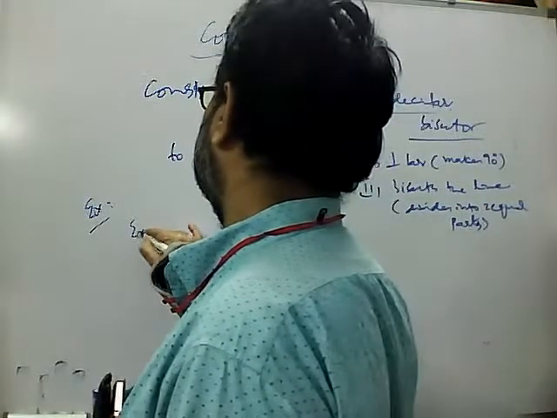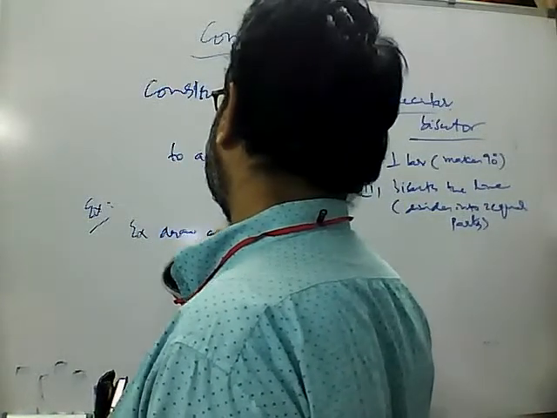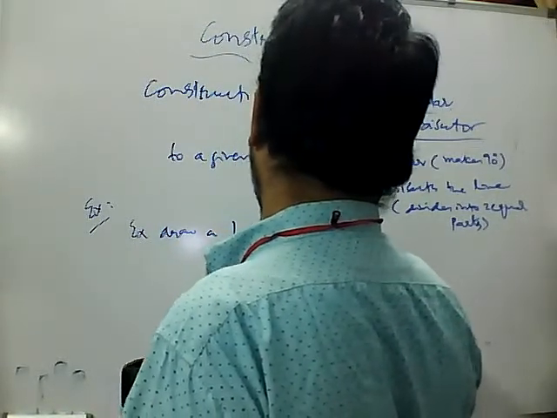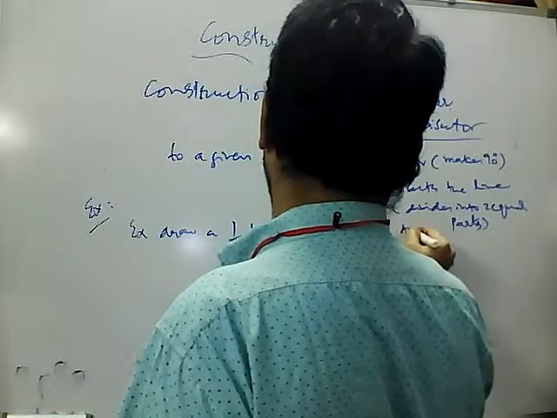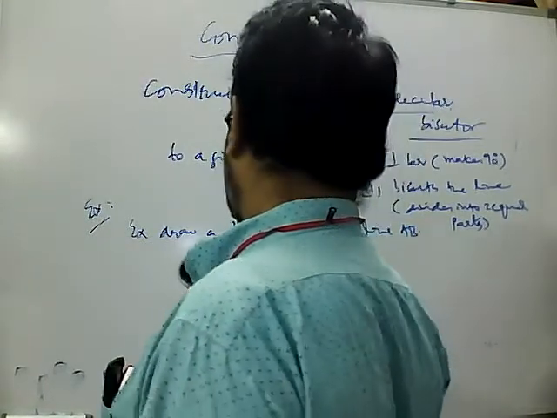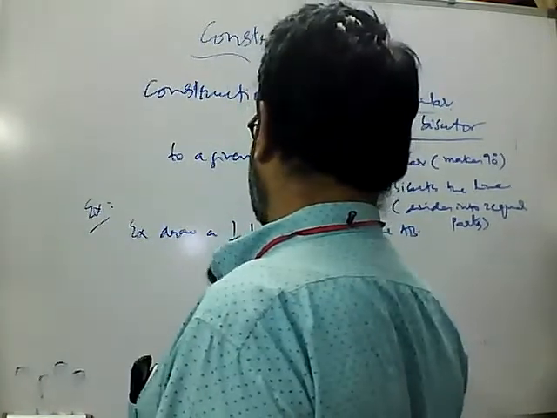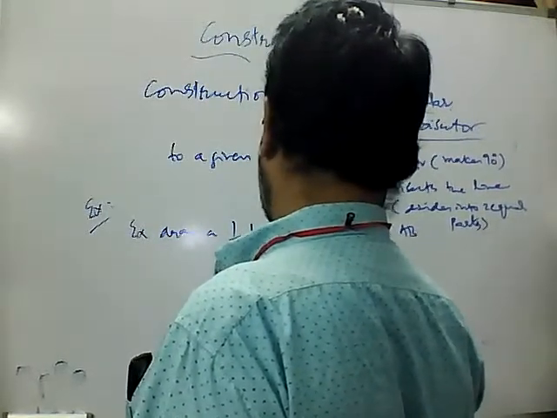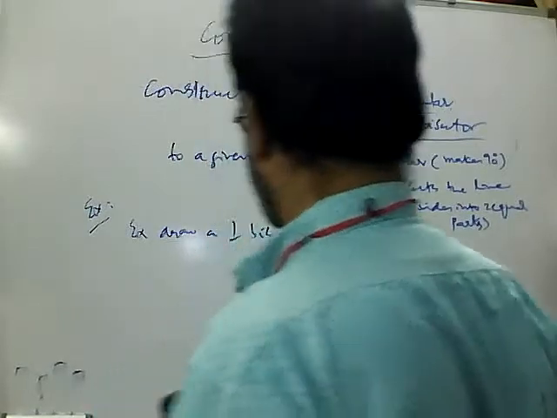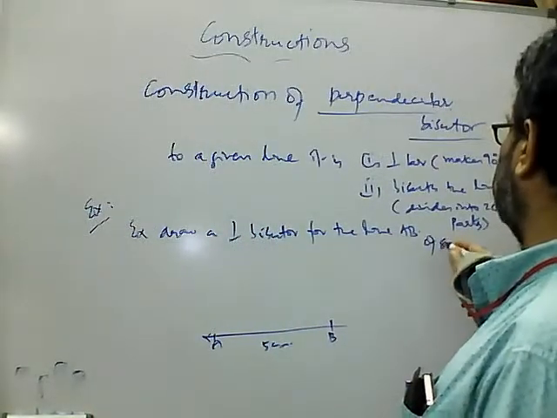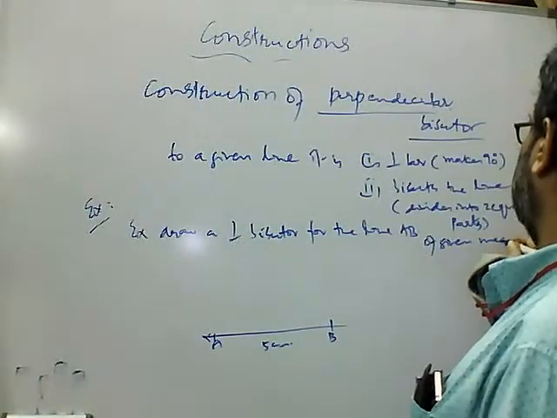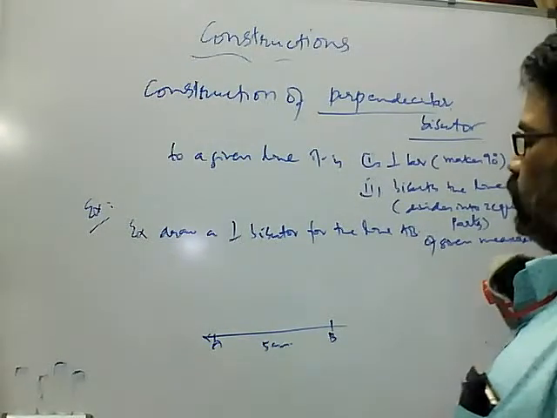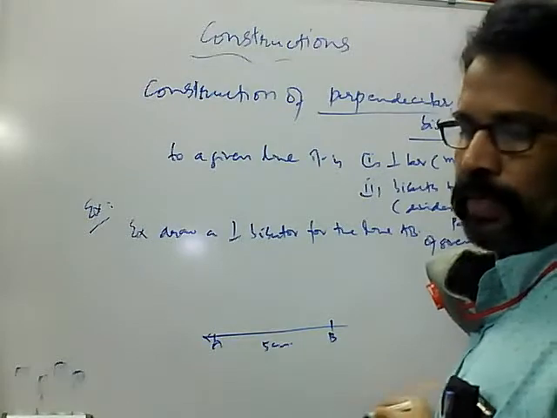Example, draw a perpendicular bisector for the line AB. Now first draw a line AB with the given measurement, suppose 5 centimeters, like this. Okay, of given measurement. Now what to do? You have to construct the perpendicular bisector.